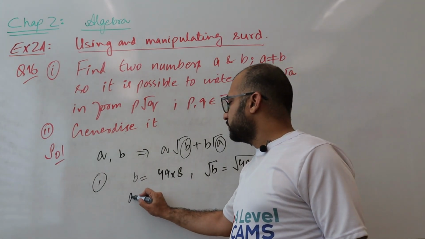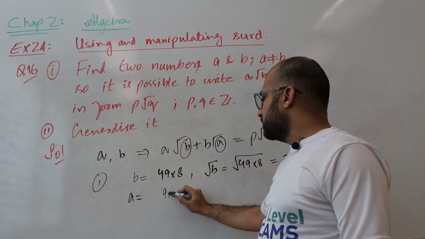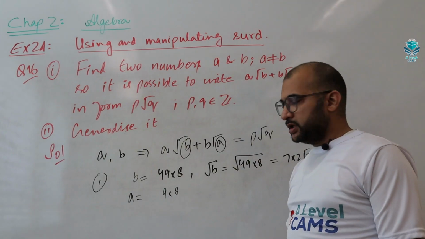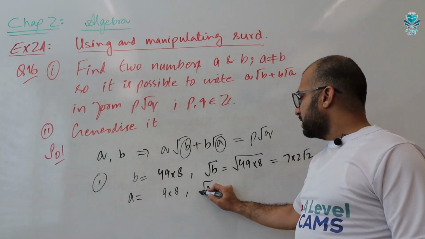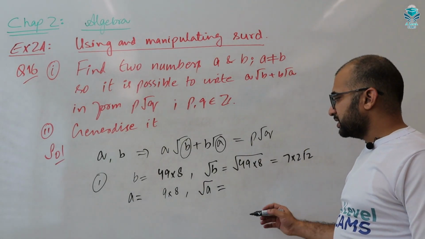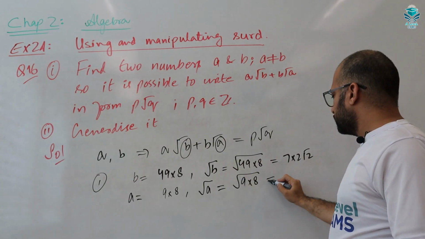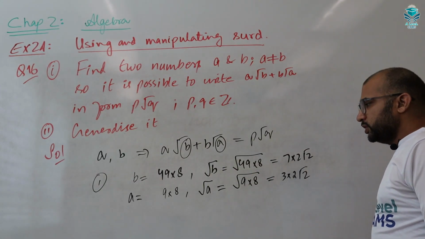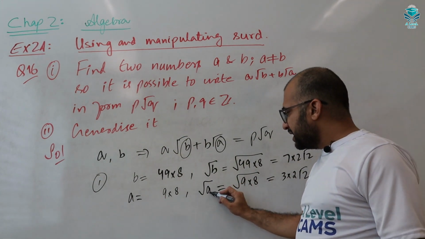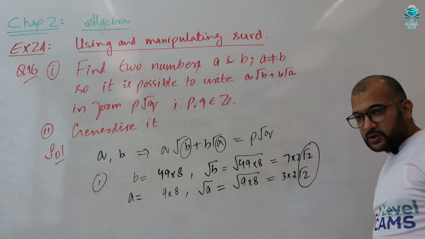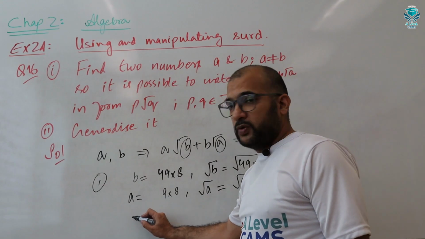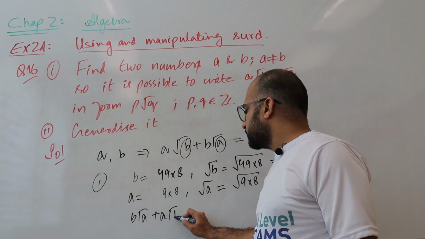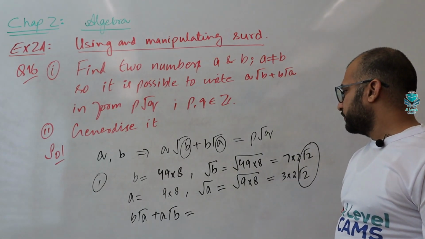Similarly, if I choose a equal to 9 into 8, square root a is square root of 9 into 8, which is 3 into 2 square root 2. You can see that square root a and square root b have square root 2 in common.